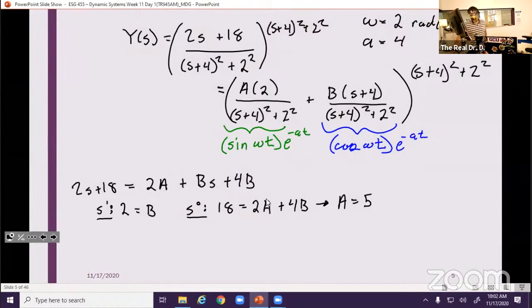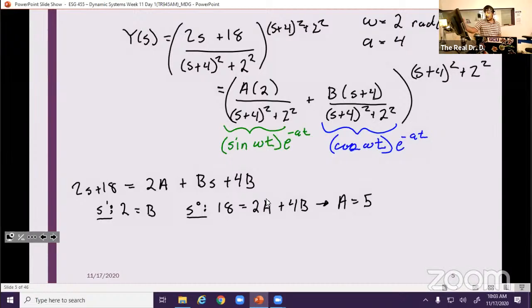All right. So, Dante, what you do is you isolate the coefficients for s. I have s to the 1 and I have s to the 0, s to the 0 just being anything that doesn't have an s, because s to the 0 would be 1. So everything that has s, I've got 2s is equal to bs, or 2 is equal to b. And everything that doesn't have an s in front of it, I've got 18 is equal to 2a plus 4b.